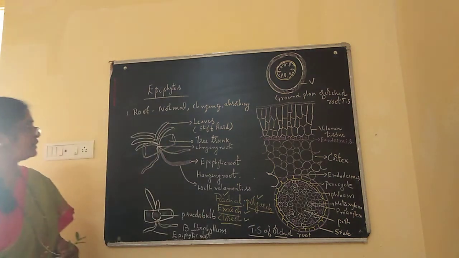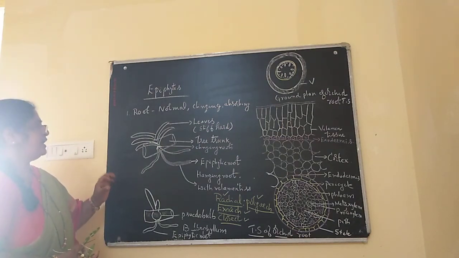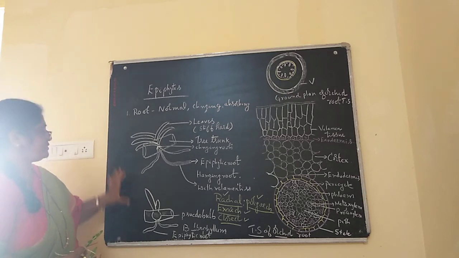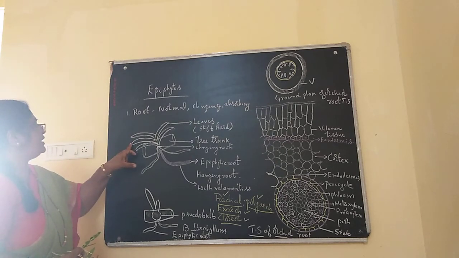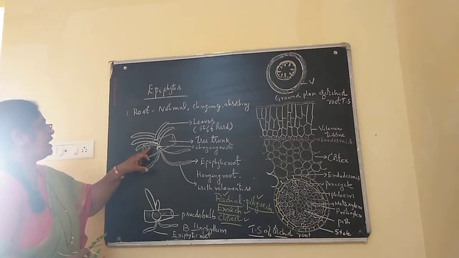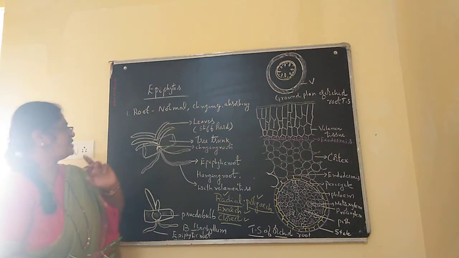I will conclude here: the epiphytic root is very important in epiphytes, for example orchids. You have two types of orchid diagrams here. In this orchid, leaves are thick, stiff and hard, roots are present, and the stem is highly reduced in the form of a rhizome. Roots are of three types: normal root, clinging root and absorbing root.